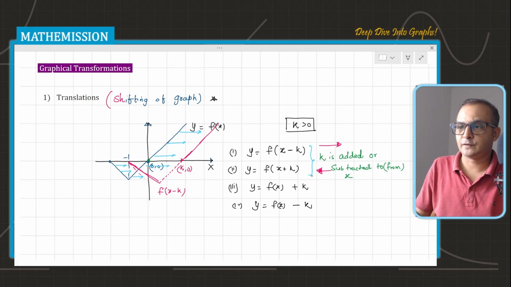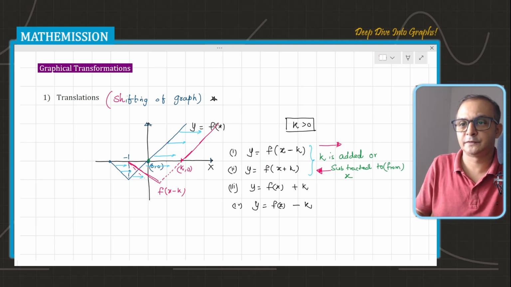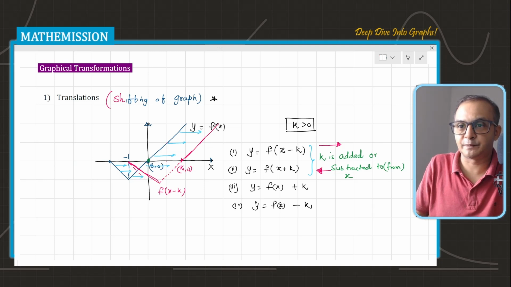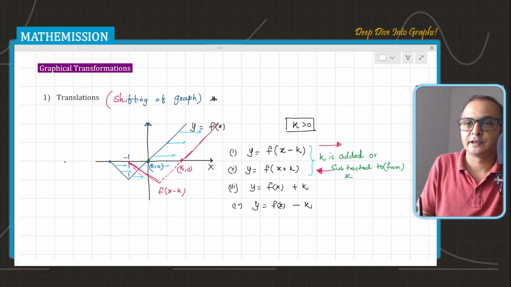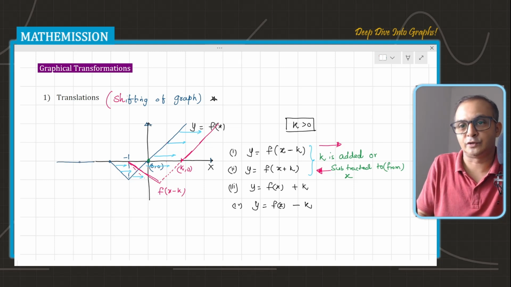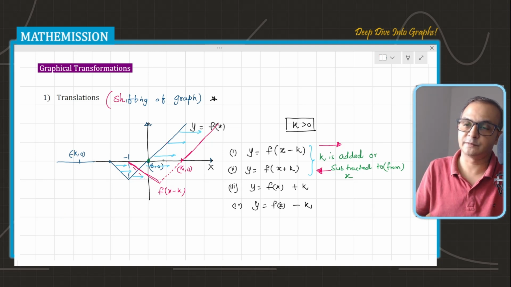In the same way, what will happen if I want the k unit leftward shift? This entire graph will be shifted leftward. It means this piece will go k unit that side. So I'm just taking here somewhere the value k. Let's say this is k here.